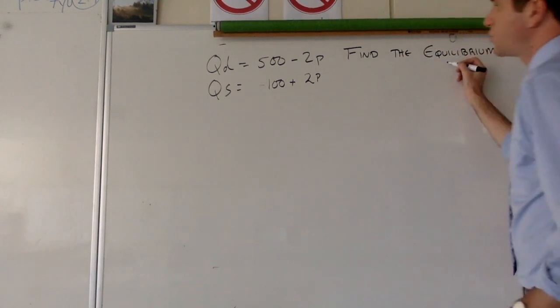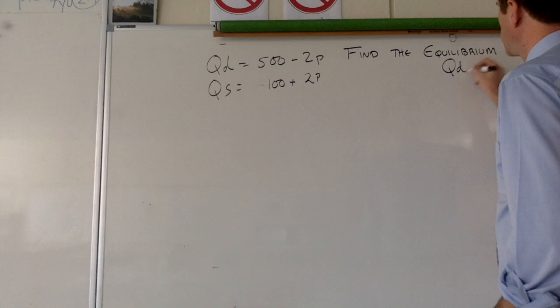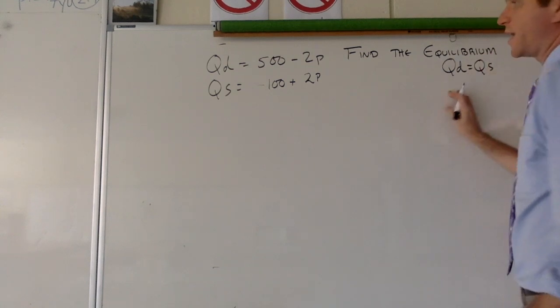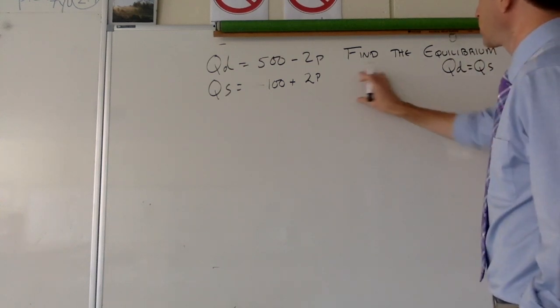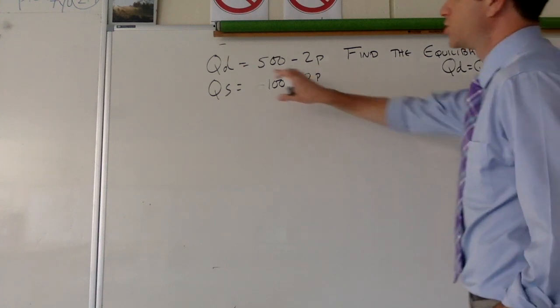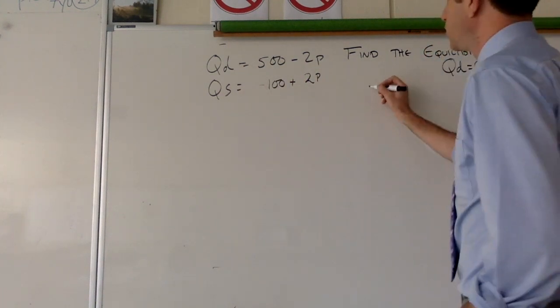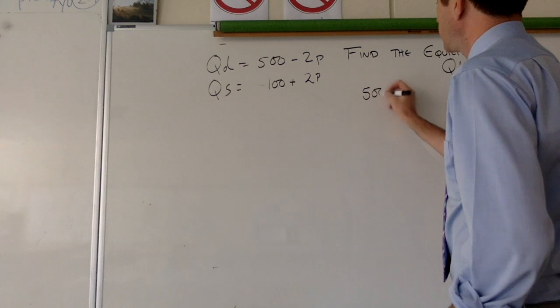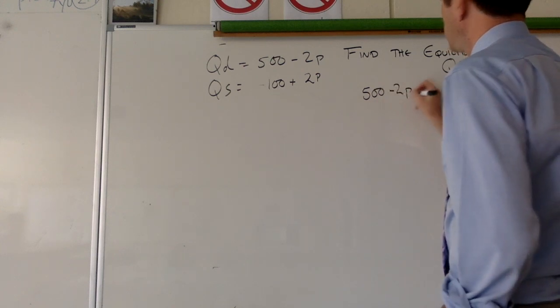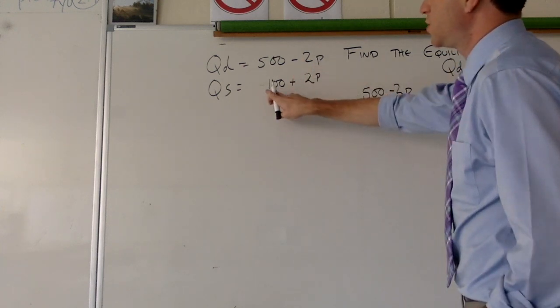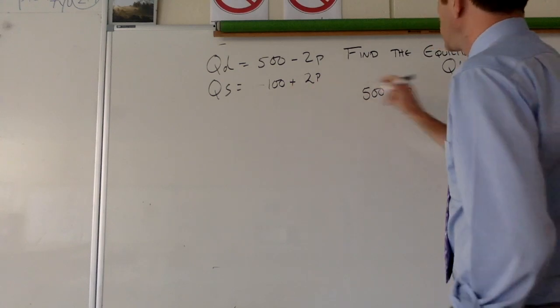The equilibrium we know is the moment when QD equals QS. So that's fairly straightforward. We can just say that QD equals QS, so 500 minus 2p equals negative 100 plus 2p.